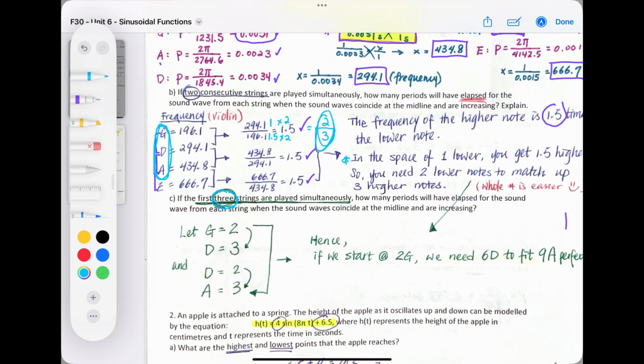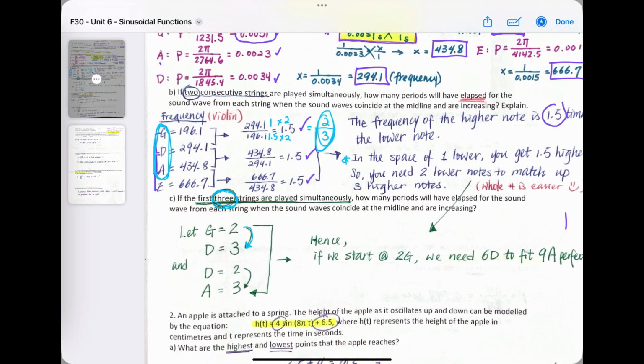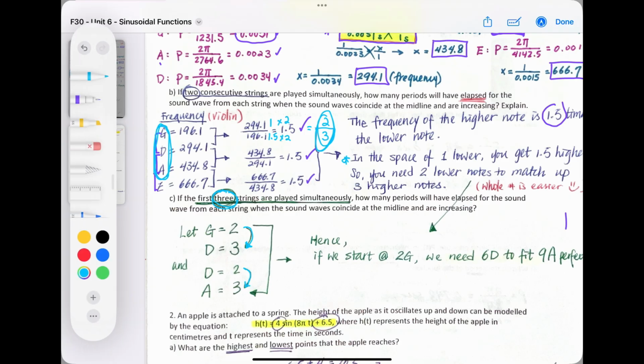Recall, I like to use the whole number. So from sol to re, I know that I will have a ratio, right? From re to la, I also have this ratio. So now what you see is, if you start with the G, which will be sol, re, you need to have what? 6, D. But the D also increased to A, the La.